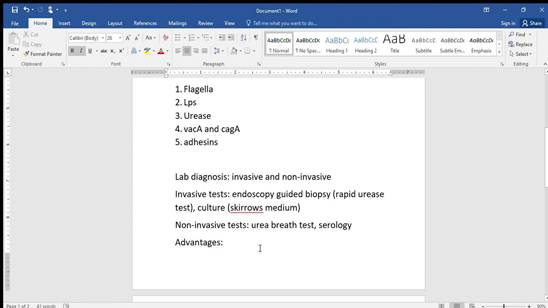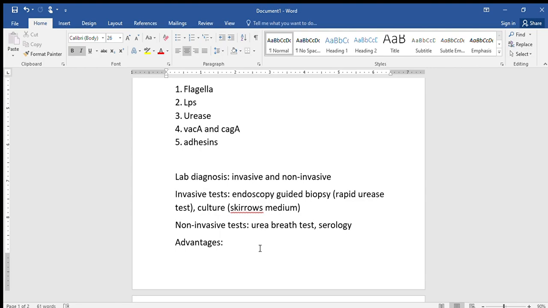What is done in the urea breath test? The patient is given a urea solution to drink. That urea solution is labeled with carbon isotope, C14, and the patient is advised to take rest for some time, and after 15 minutes the patient blows into a breath packet, or you can say just like a tube.